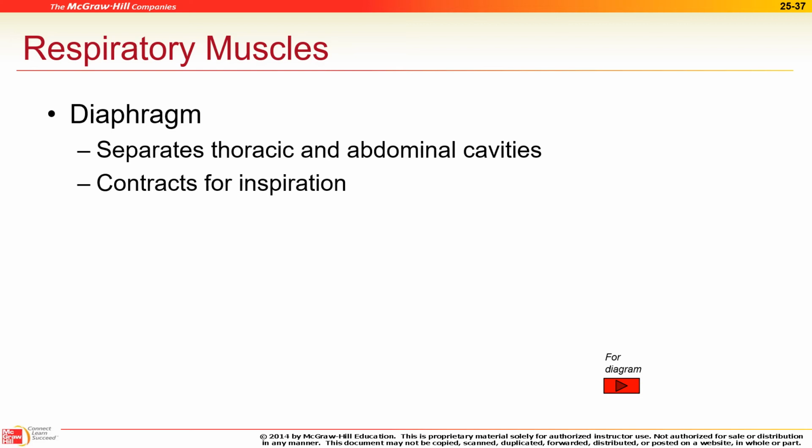Point to your diaphragm. What's your breathing muscle? What type of muscle is this? Can you control breathing? So what type of muscle is your diaphragm? Involuntary. So which type?